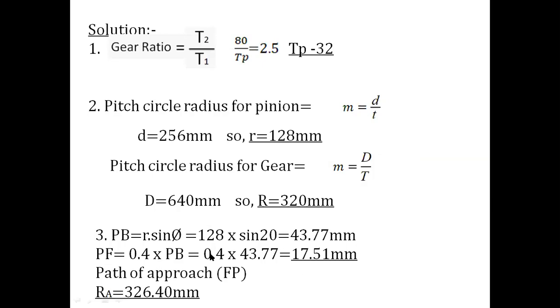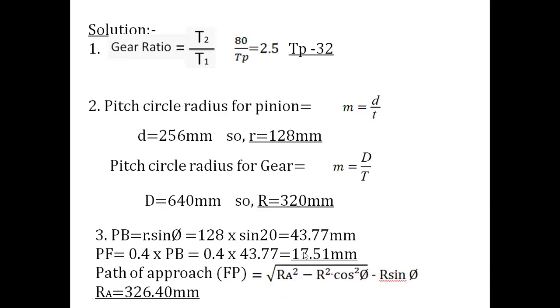So PB is 43.77, into 40% of maximum possible length. 40% is 0.4 into 43.77. So path of approach PF we are getting here is 17.51 mm.